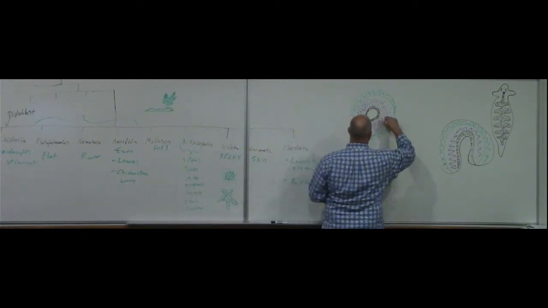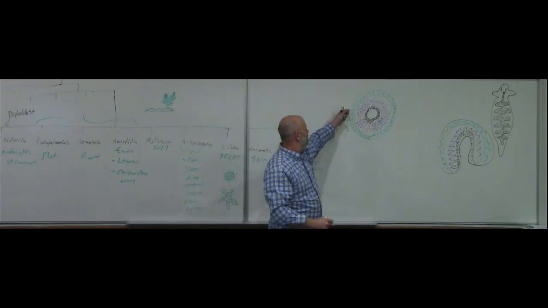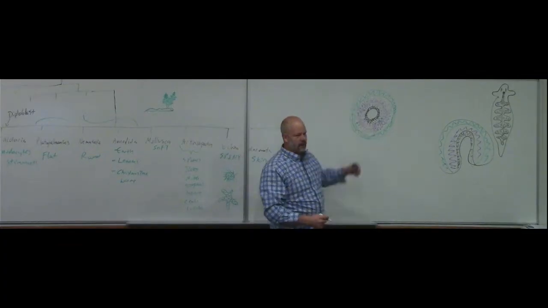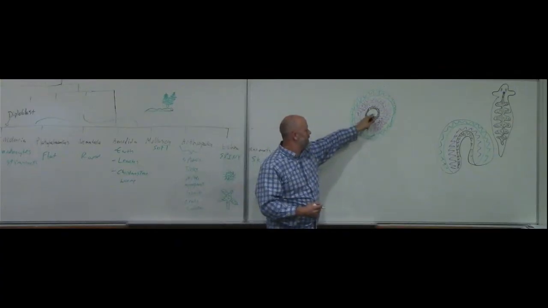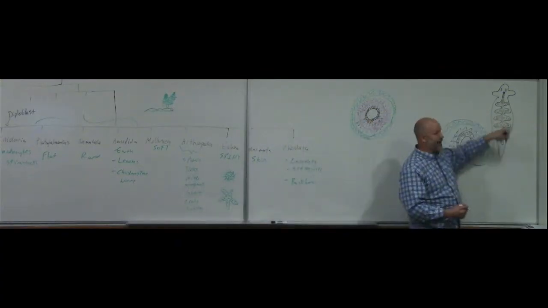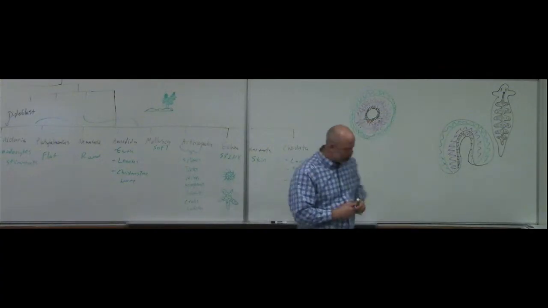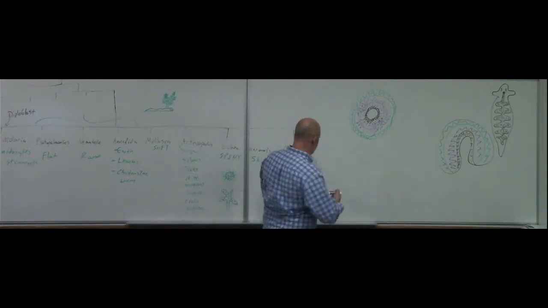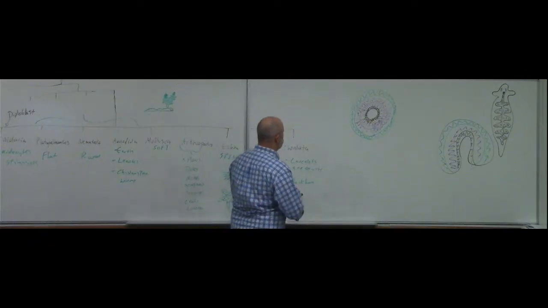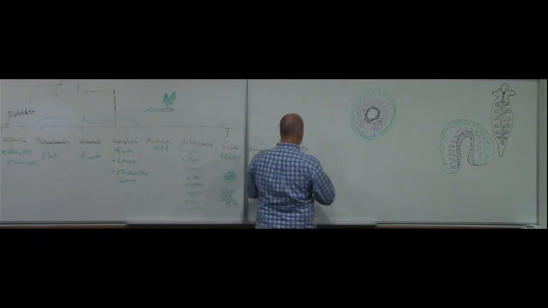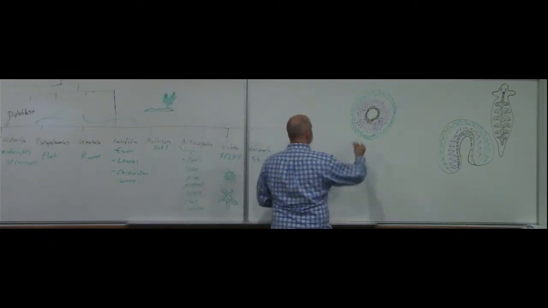Cross section of them looks like this: ecto, meso, endoderm. This is the gut, right? This is that. Other critters look different though. If I were to go from a flatworm to a roundworm, things look largely similar. This is flatworm, right?